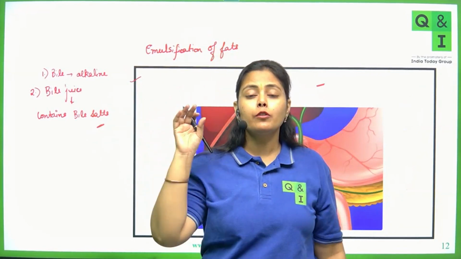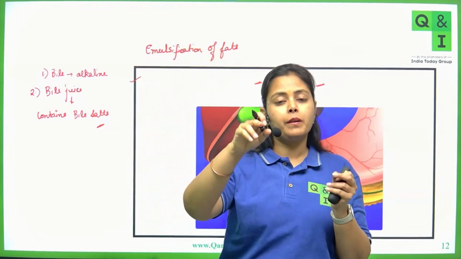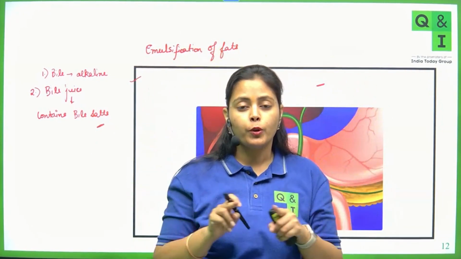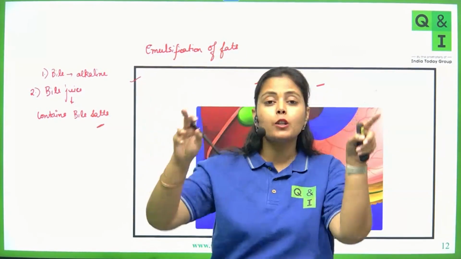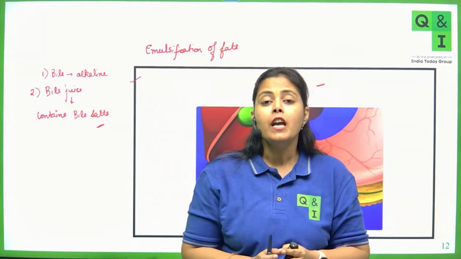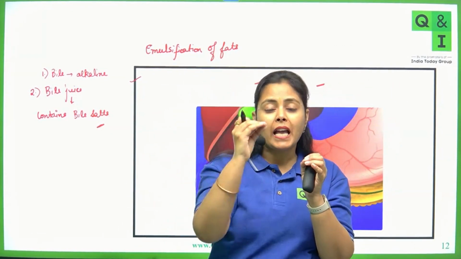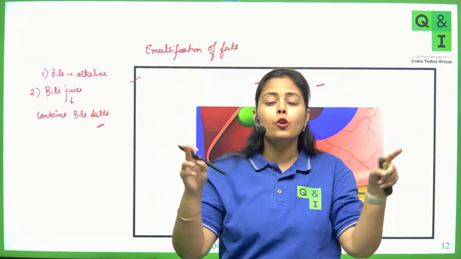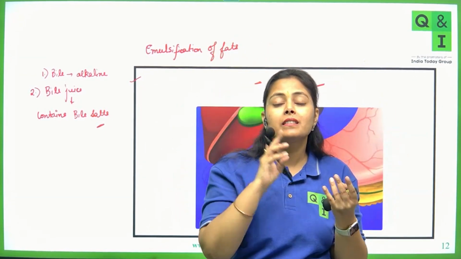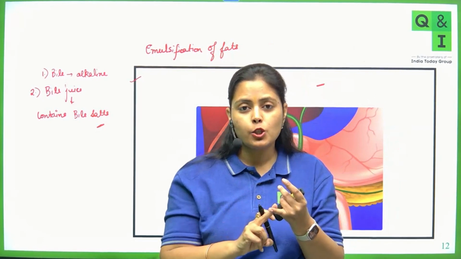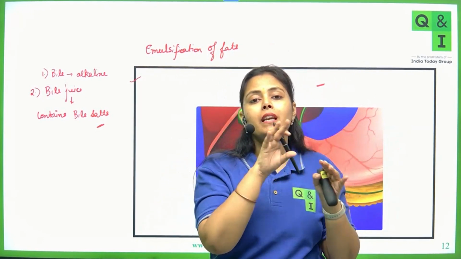There would be lipases present in the small intestine acting on it, but if there is a large fat globule, the lipases might not be able to break it down effectively. So to increase the surface area on which the enzyme can act, the fat globule gets broken down into smaller particles, and this is achieved by bile juice, or particularly bile salts, secreted from the liver.